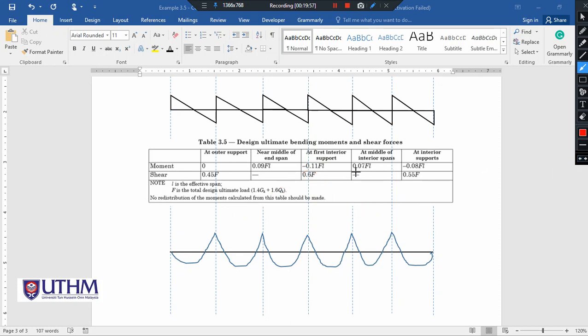Meanwhile, at the middle of the interior span, this is interior span 1, 2, 3, 4. All these 4 spans are interior spans, and the middle of the interior span is L over 2. Thus, our moment at the middle of each interior span, 0.07 FL, is at this point.